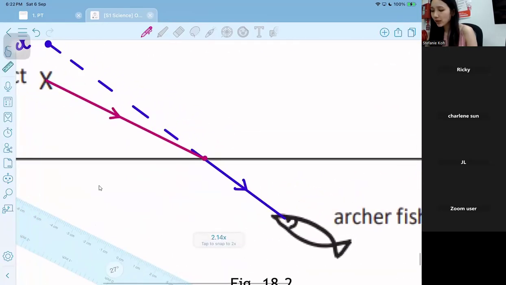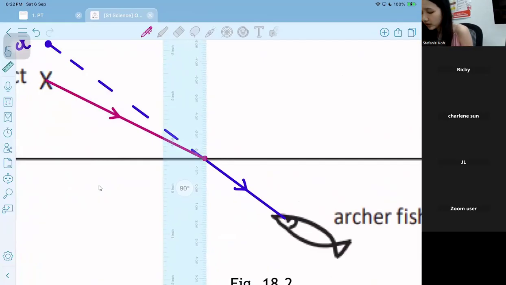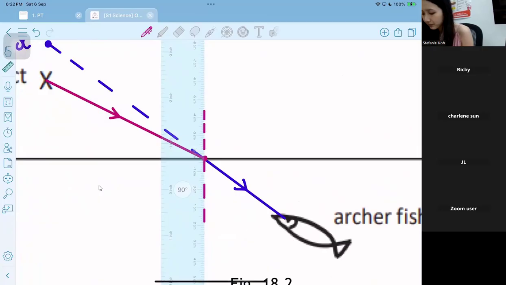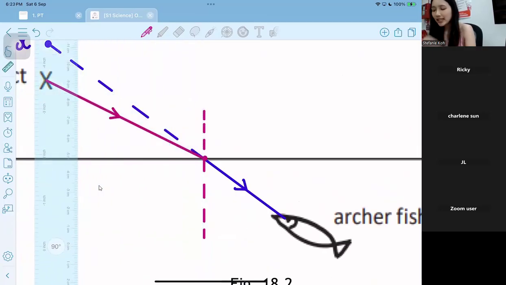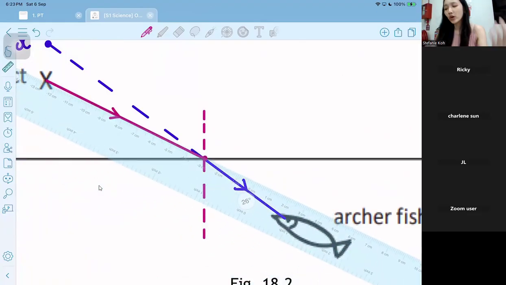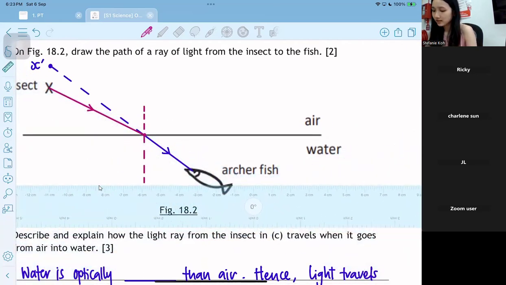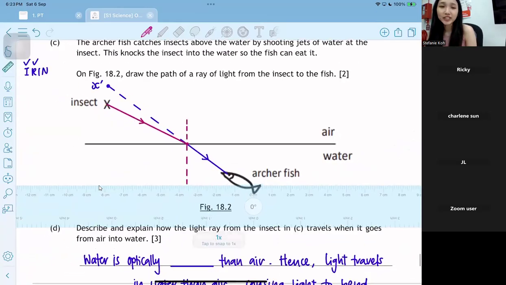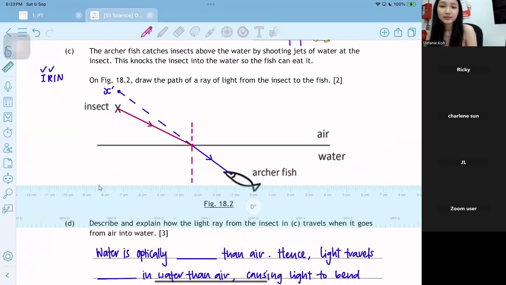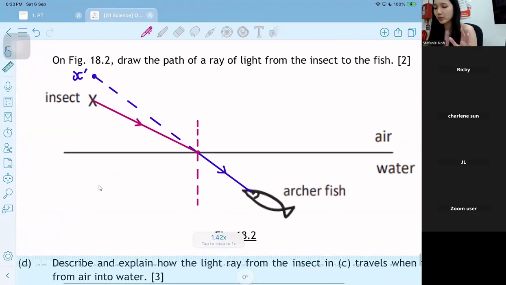Last one is the normal, perpendicular to the boundary, 90 degrees, dotted line up. Then you check, did this ray bend towards the normal? Yes, because water is optically denser. Okay, and then I give you the answer for D already. This is how your light ray diagram should look like.